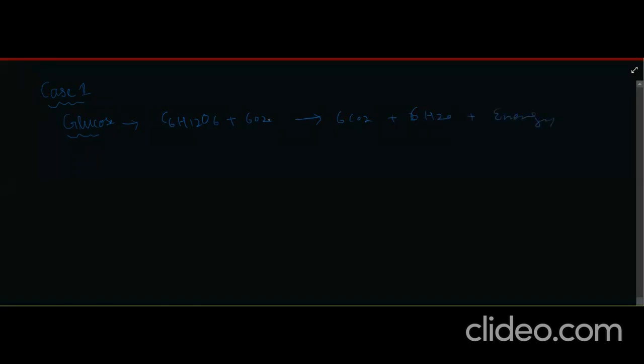So in this case, as you studied, an equal volume of oxygen will be utilized as that of carbon dioxide produced. Like if 6 moles of oxygen are utilized, 6 moles of carbon dioxide will be produced, right? So the RQ value for this is 6 by 6 is equal to 1. RQ value in this case will be 1, right?